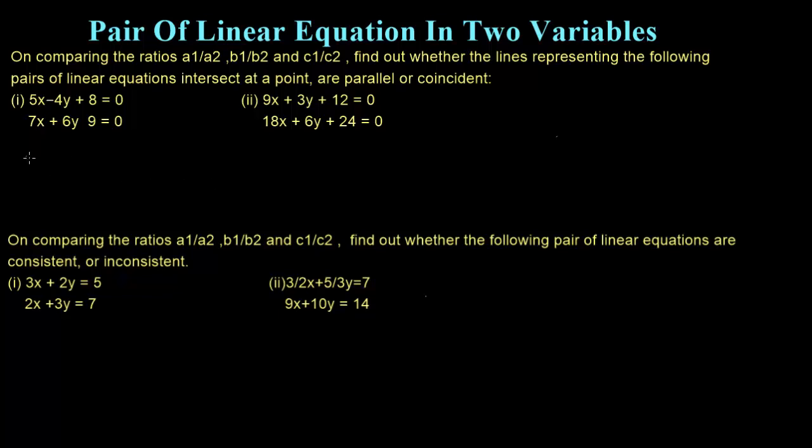If a1 by a2 is not equals to b1 by b2, then it is intersecting. If a1 by a2 is equals to b1 by b2 is equals to c1 by c2, then it is what? Parallel lines, right? If a1 by a2 is not equals to b1 by b2, then it is intersecting lines.